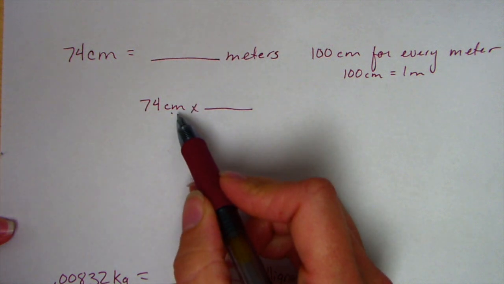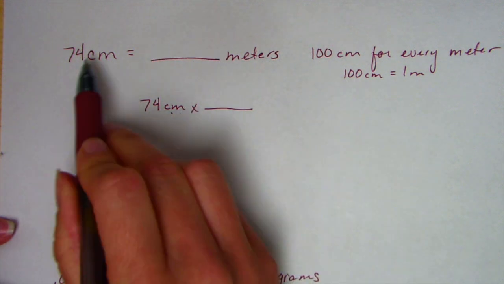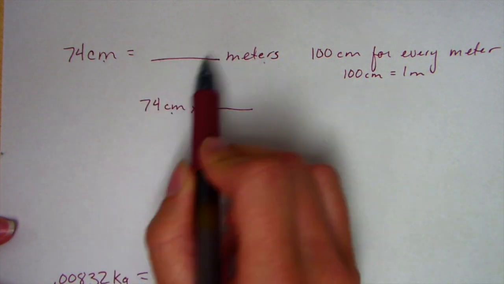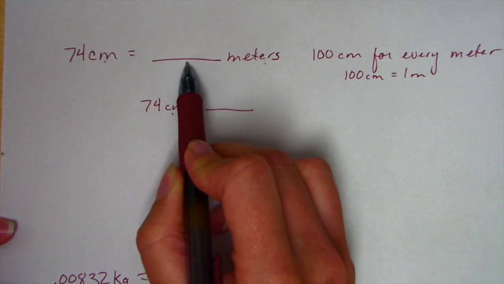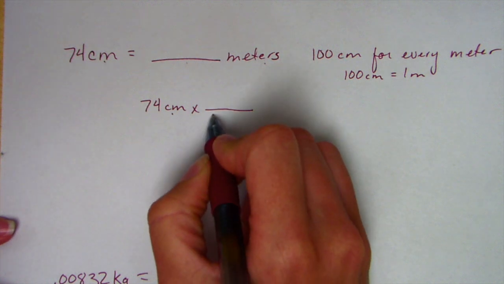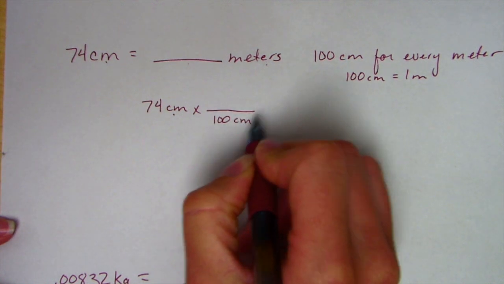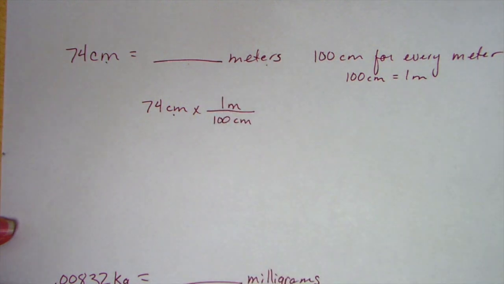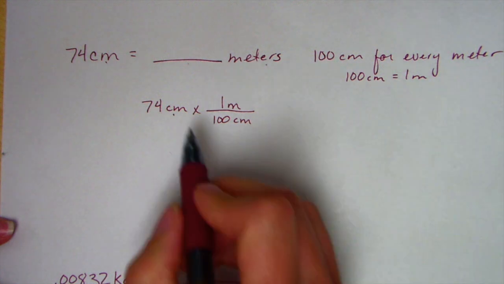Now, our centimeters is a fairly small unit, and our meters is a large unit. So we would like a smaller number here. To do that, we are going to divide by our centimeters, and we're going to multiply by our meters. So we're trying to get that smaller number.